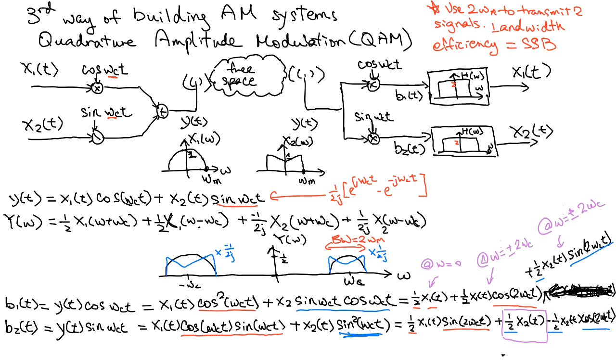In real life, all the digital signals in your computer, your cell phone, whatever, are actually based on a combination of frequency division multiplexing and QAM, and then a little bit of single sideband transmission as well. So all these three concepts, we are actually using all of them in modern day telecom.